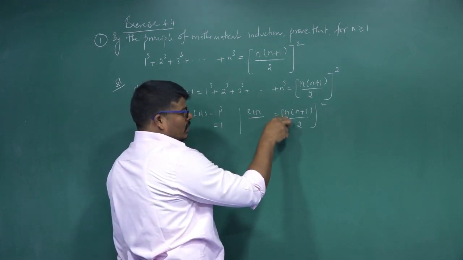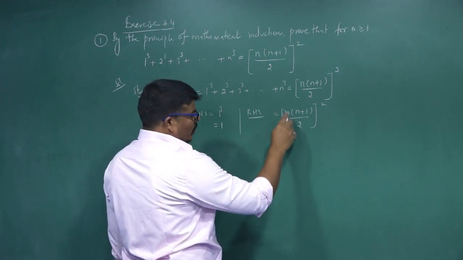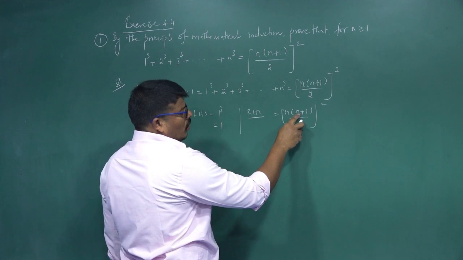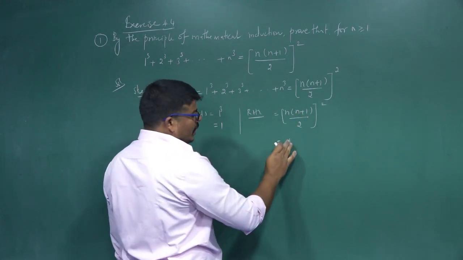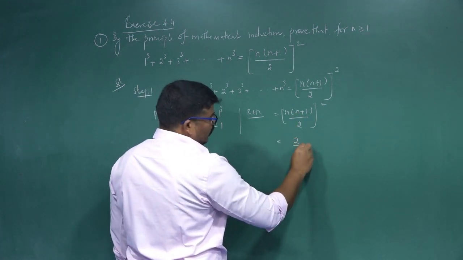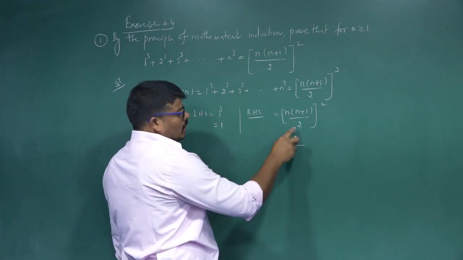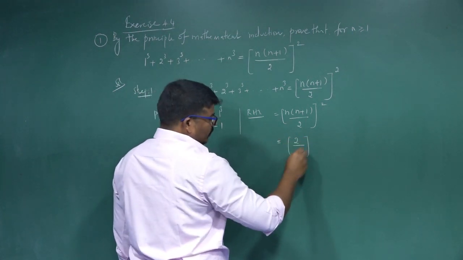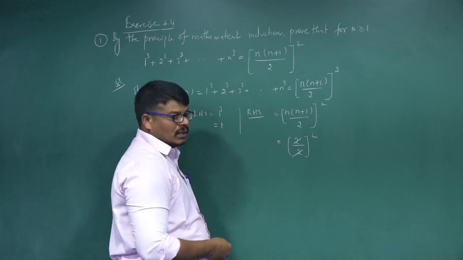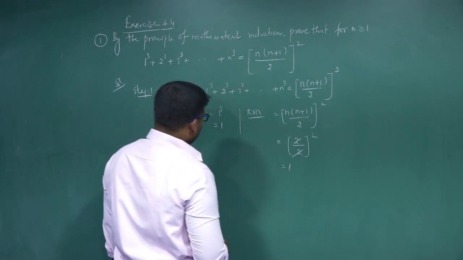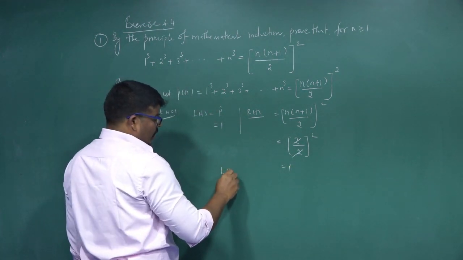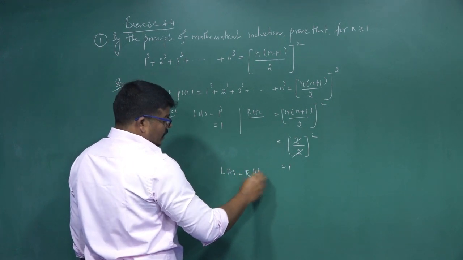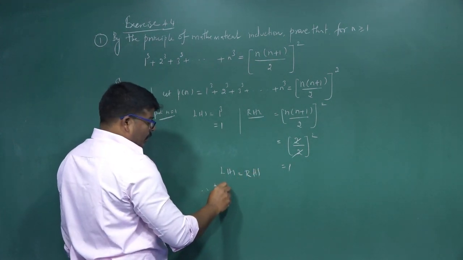Substituting n equal to 1, we get 1 into 1 plus 1, which is 2, 2 into 1 is 2, by 2 whole squared. The 2s cancel, and 1 squared is 1. So LHS equals RHS. Therefore, P of 1 is true.